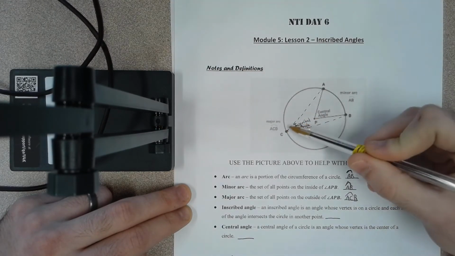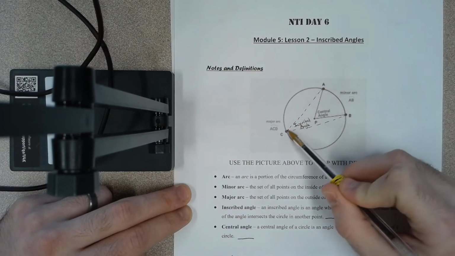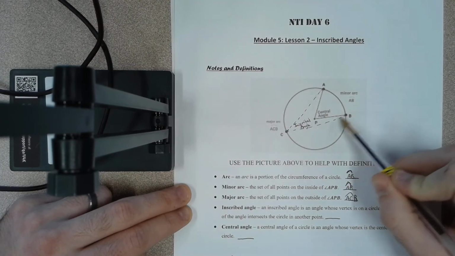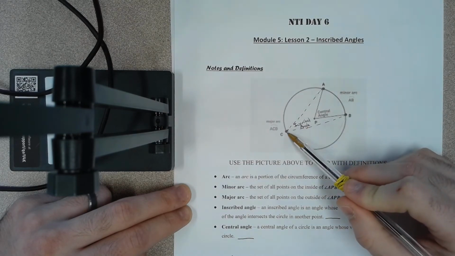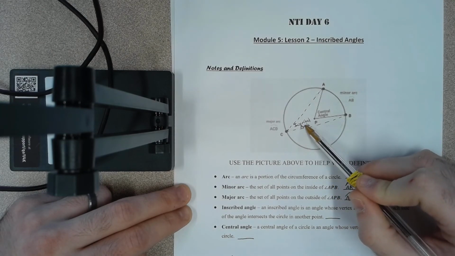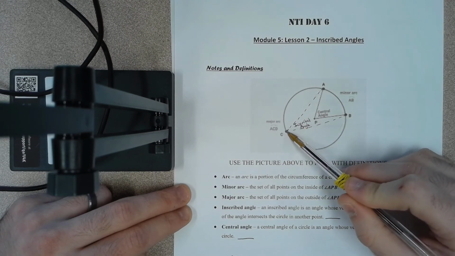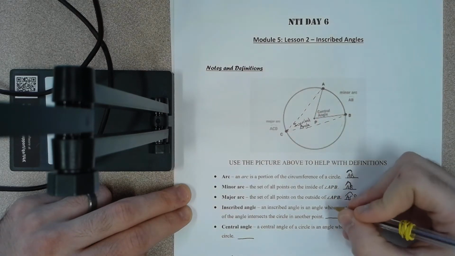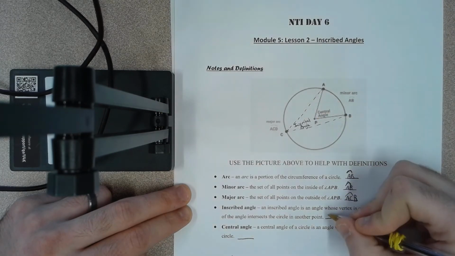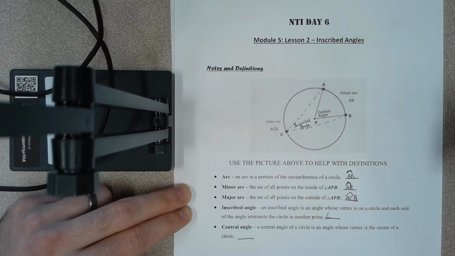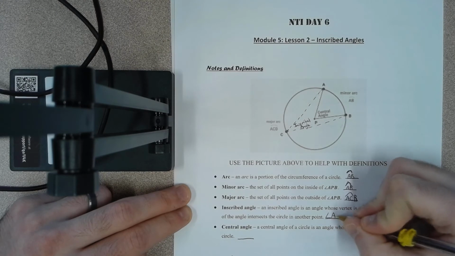If we have an angle going from C to A and then from C to B, that's an inscribed angle because the vertex is on the circle. So the inscribed angle in this picture is angle ACB.